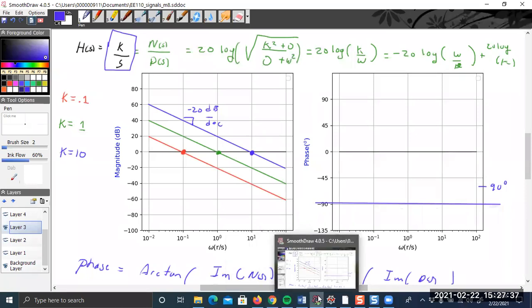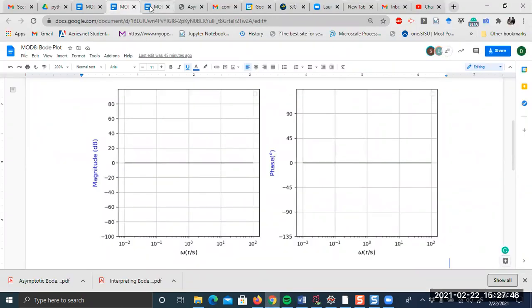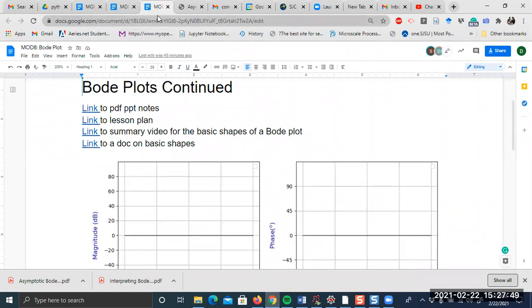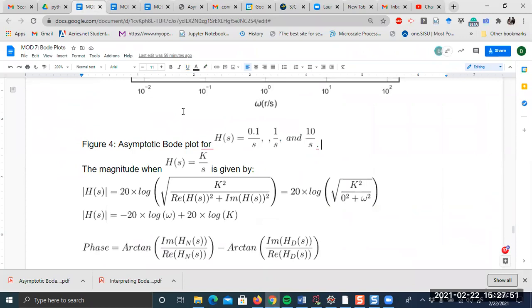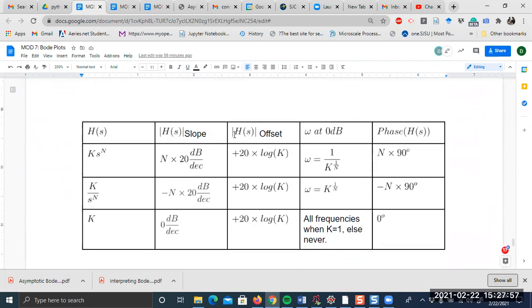And so in the notes from last time, linked from this time, what if S is not 1, but raised to the second or the third power, right?